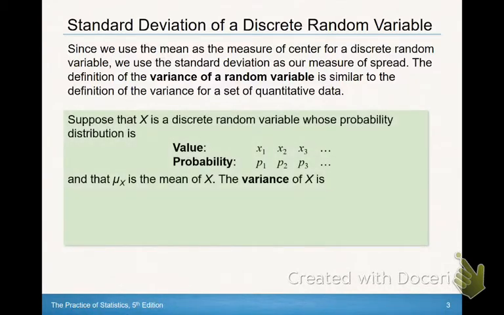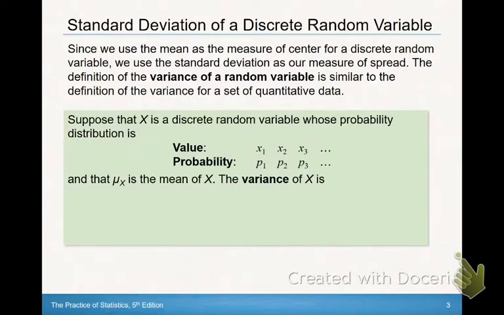So suppose that x is a discrete random variable whose probability distribution is as shown below. We know that the mean, mu sub x, is found by multiplying each of our probabilities times the value of x and adding them together.